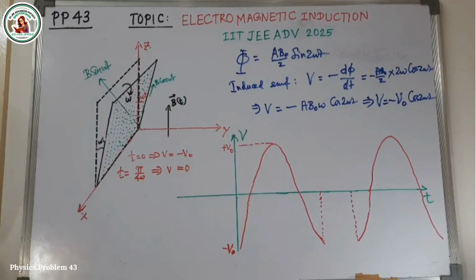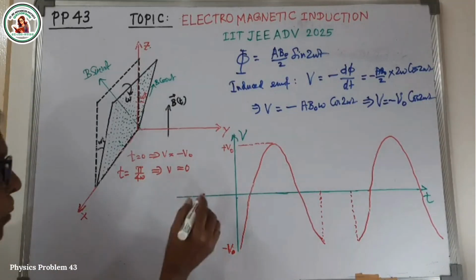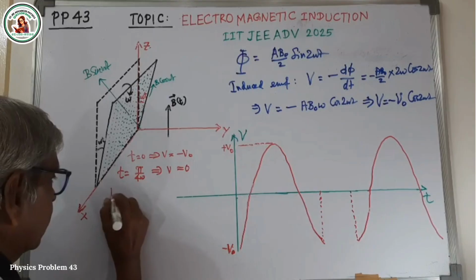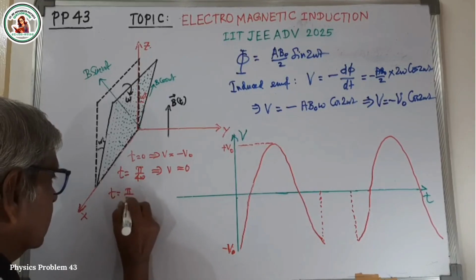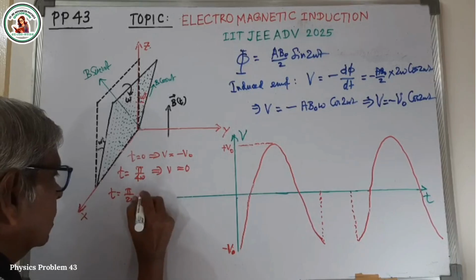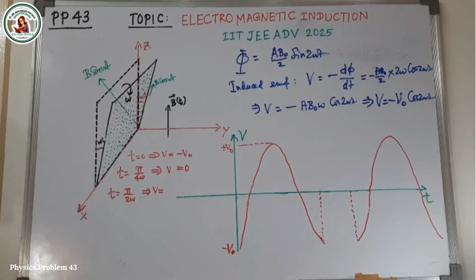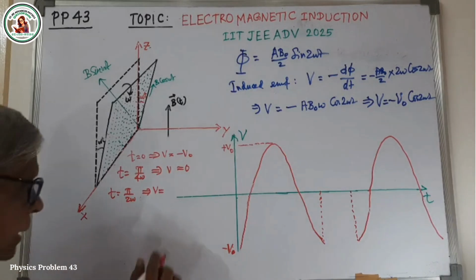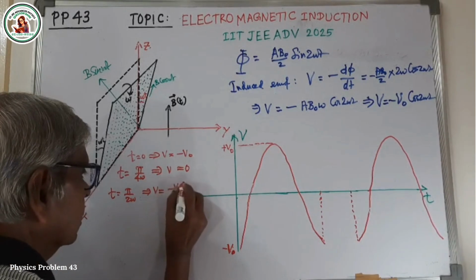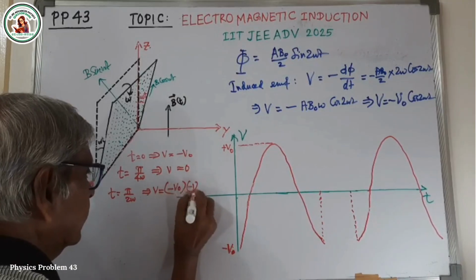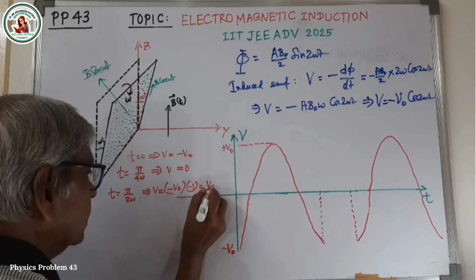Then at t equal to pi by 2 omega, V equals minus V naught into minus 1, which is plus V naught.